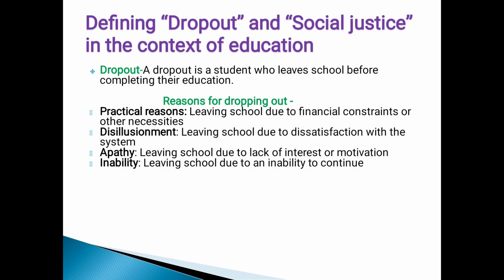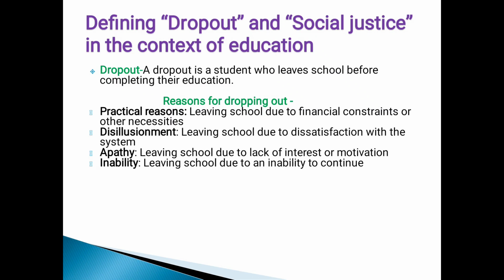What is a dropout? A dropout is a student who leaves school before completing their education. Here are some reasons for dropping out. Number 1, practical reasons: leaving school due to financial constraints or other necessities.